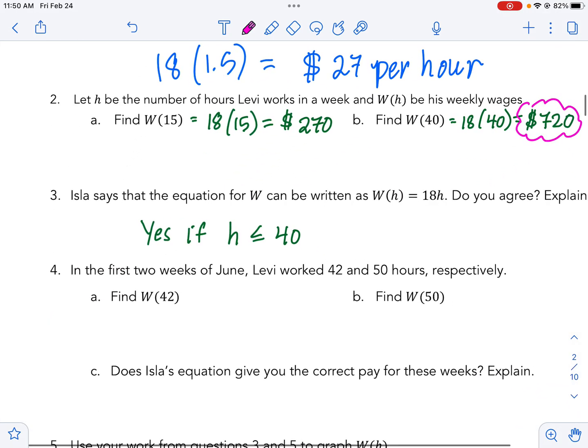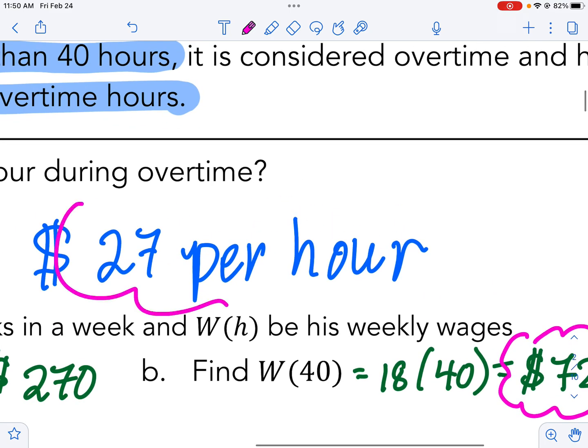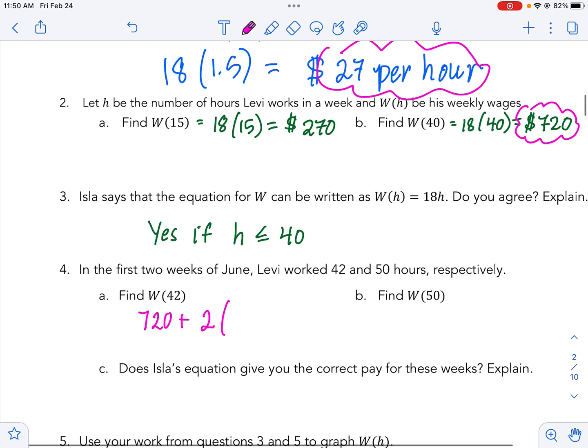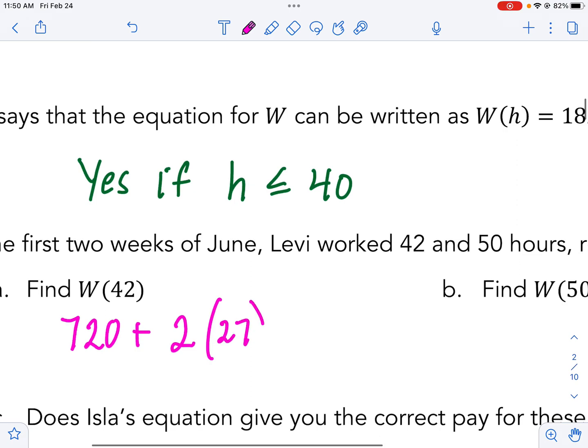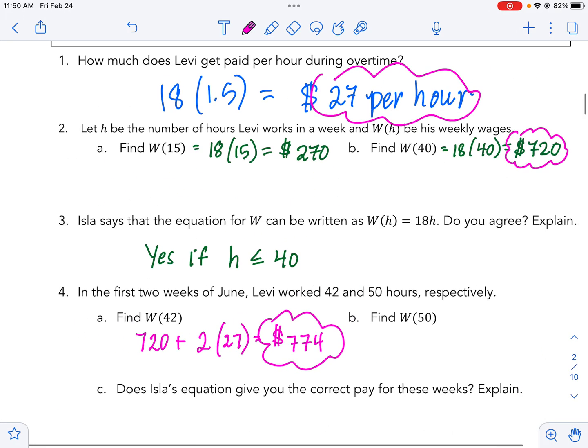So we can say 720 plus he worked 2 hours overtime, and overtime is $27 per hour. So it's 2 times 27. And so if he works 42 hours in a week, he makes $774 in that week.